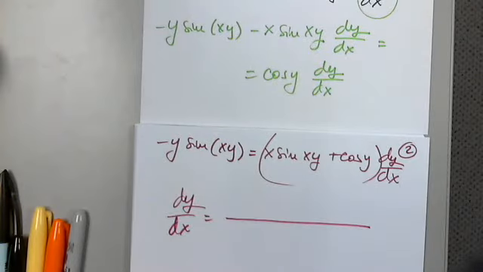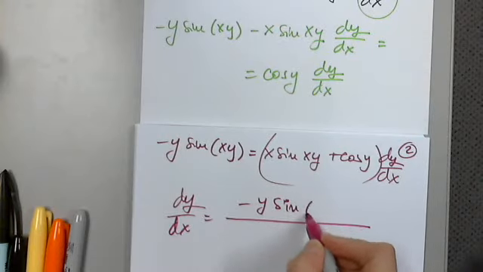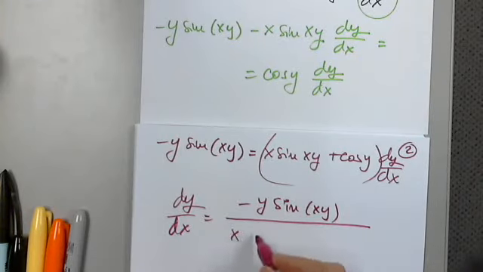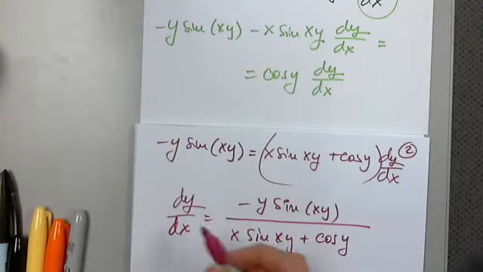Is this okay? Yes, everyone? So dy over dx equals negative y sine xy over x sine xy plus cosine y.